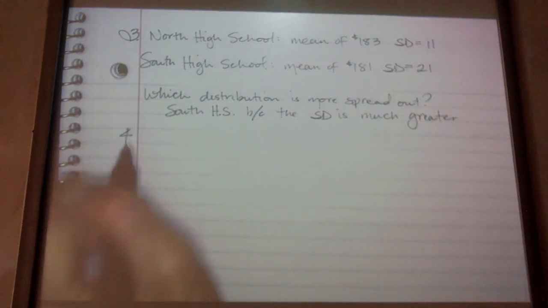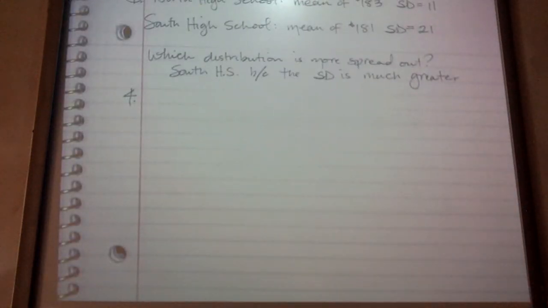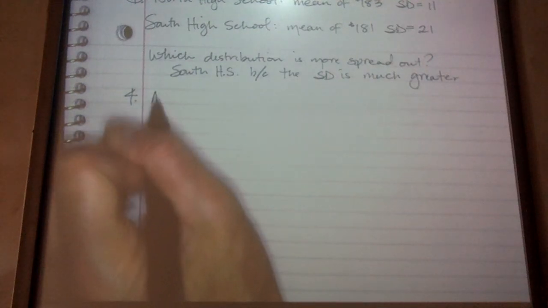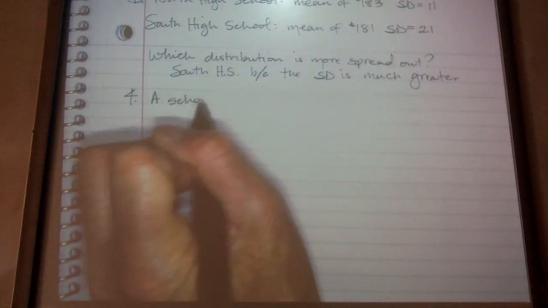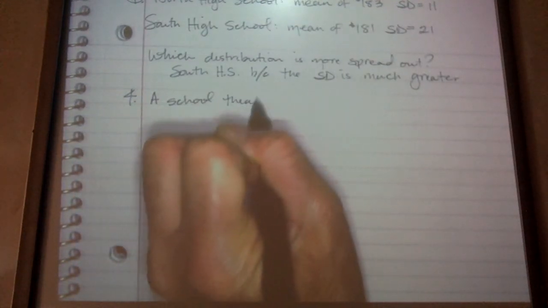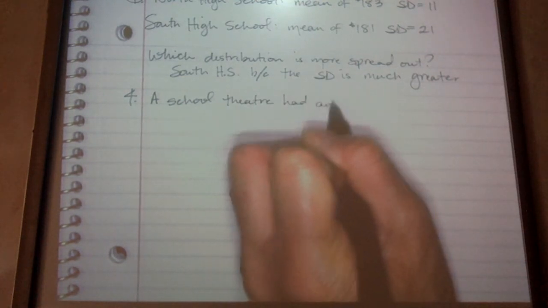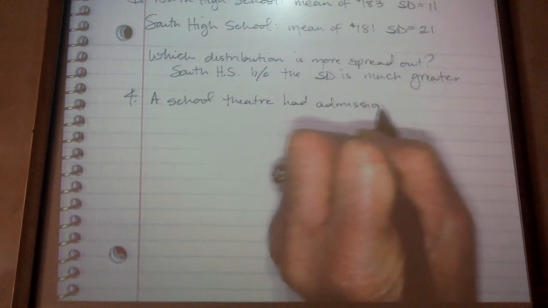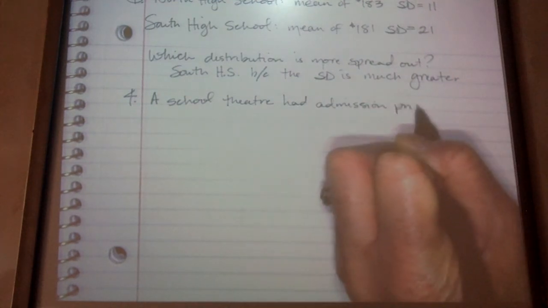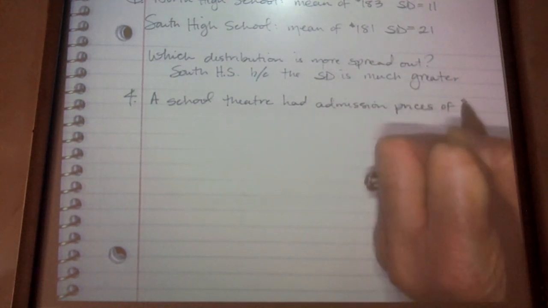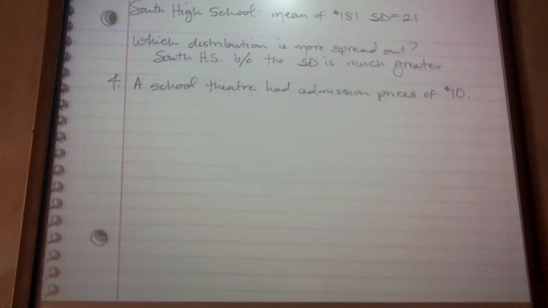Okay, last question for today. A school theater had admission prices of $10, meaning everyone, no matter where you sat in that theater, paid $10.